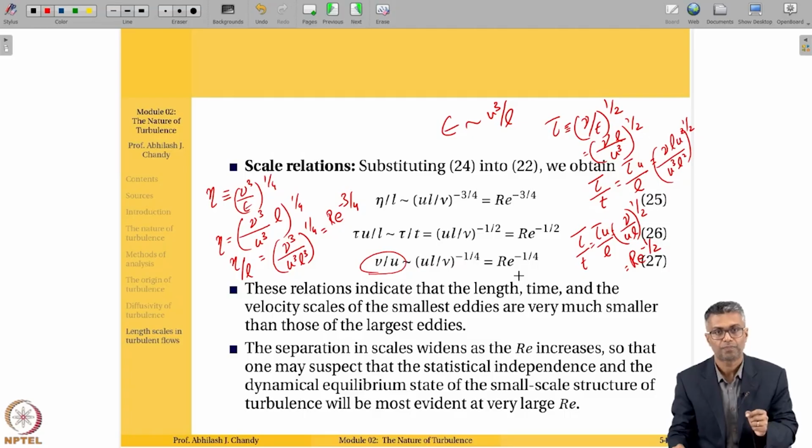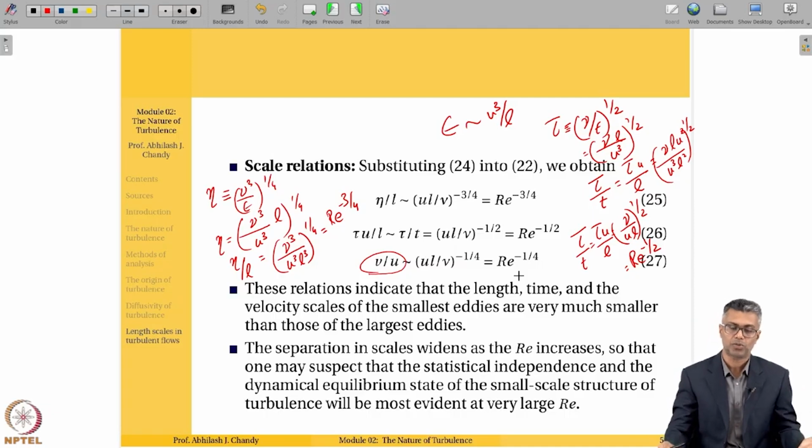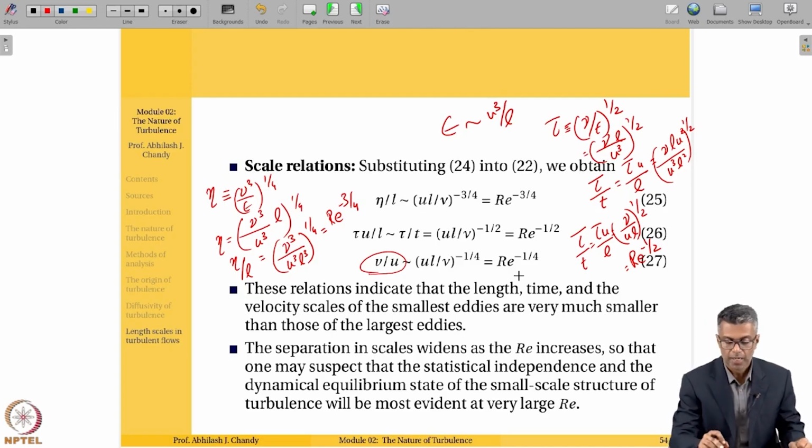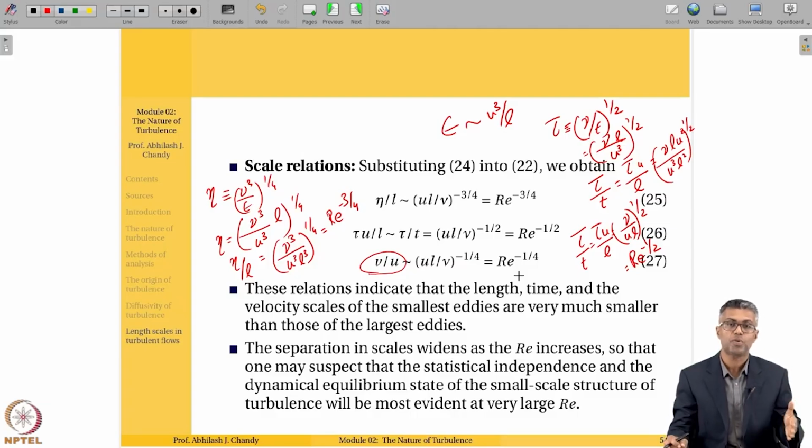Same goes for time scale. We could know this because small length scales are associated with small time scales and large length scales are associated with large time scales. So tau u over L, or tau over T, is Re to the minus half. So as Reynolds number keeps increasing, the gap between the Kolmogorov timescale and a large timescale estimate keeps increasing. Same goes for the velocity scale.